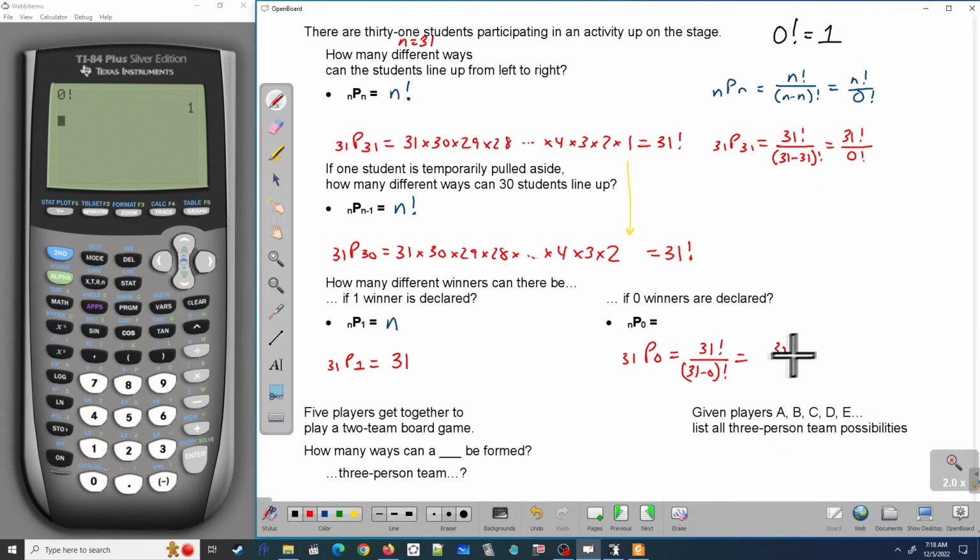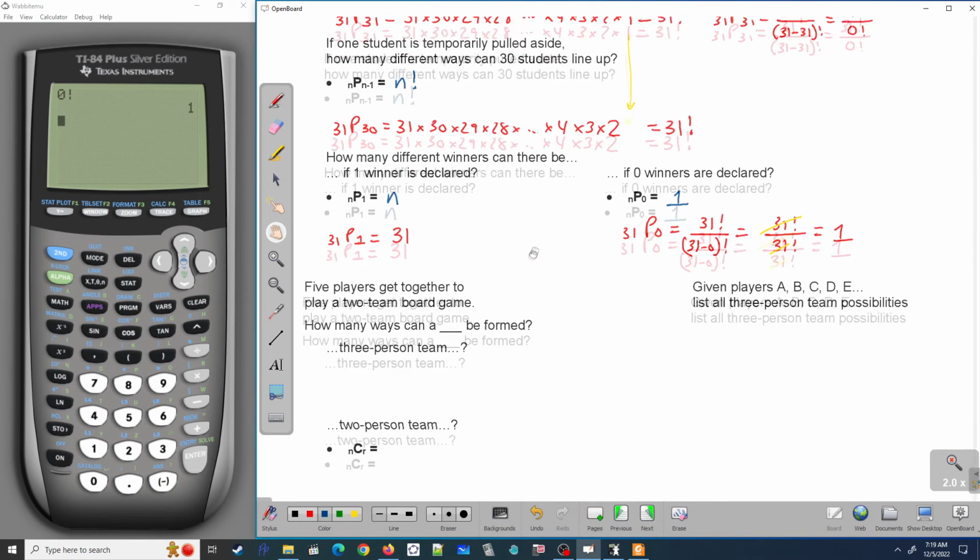I'm saying literally it's 31 factorial over 31 factorial. Well, we know those are going to cancel out, and that leaves you with 1. Yeah, 1 way. Nobody wins. And so anytime you take nobody from a list of objects, you're always going to have at least 1 way of doing that. So those are sort of the permutation properties.